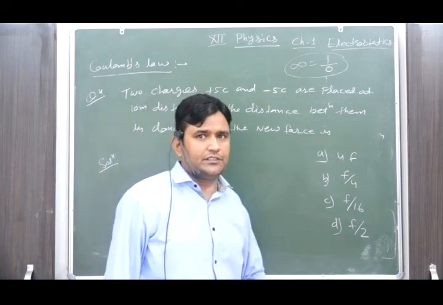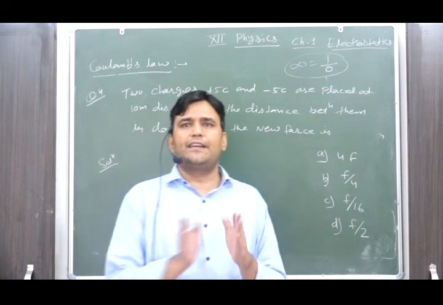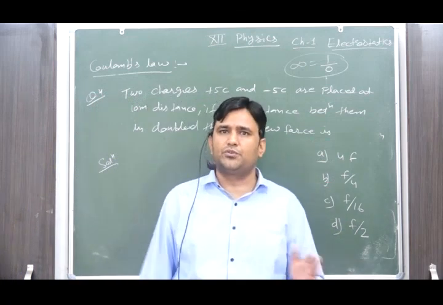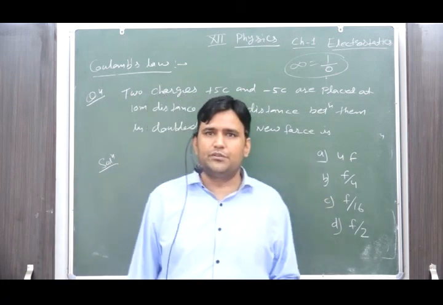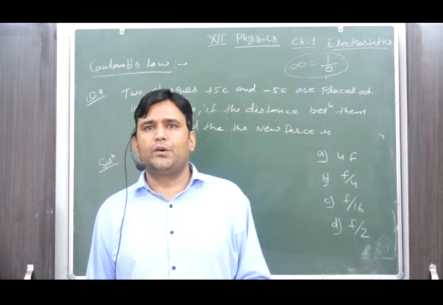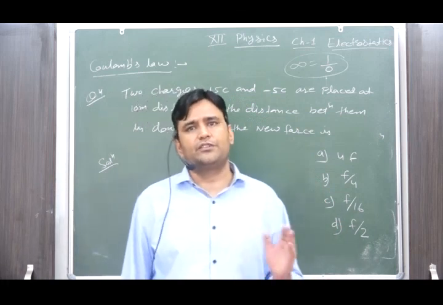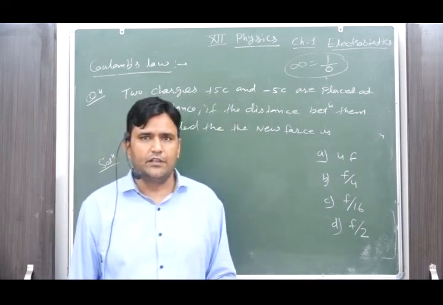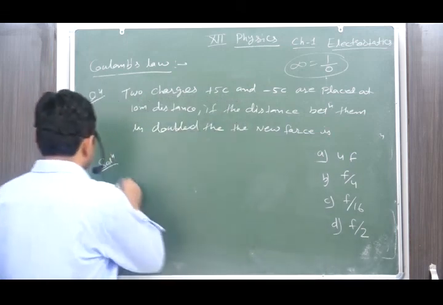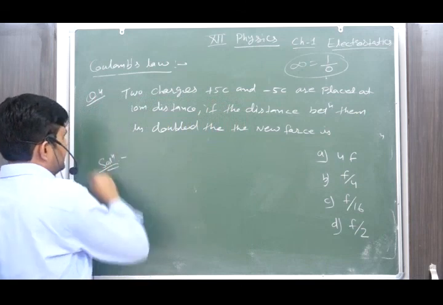The new force with respect to the primary force. There is no need to calculate F equal to K Q1 Q2 upon R square if it is an objective question, but in your board examinations we go through calculating F equal to K Q1 Q2 upon R square. Okay, we are considering the entire formulation.